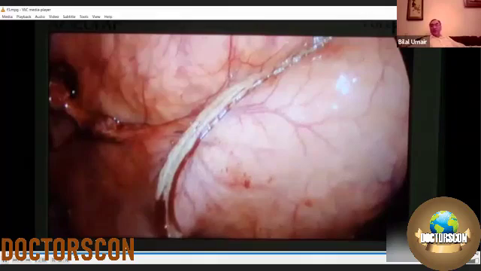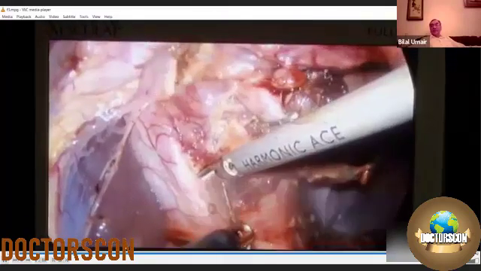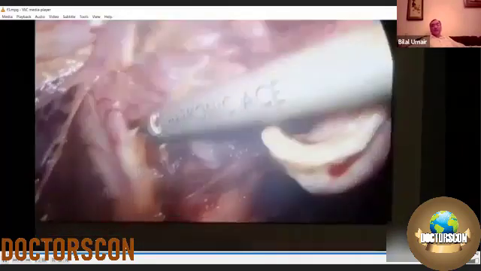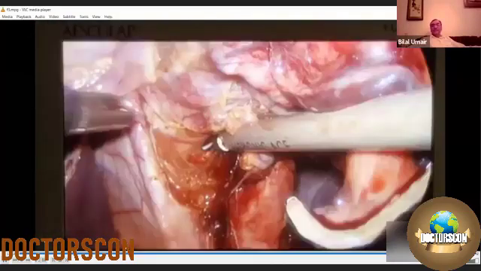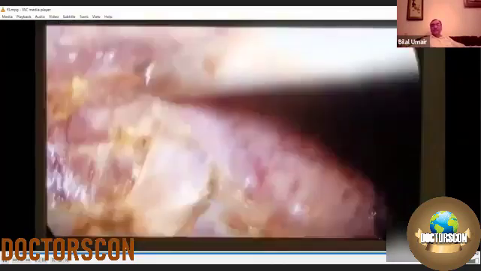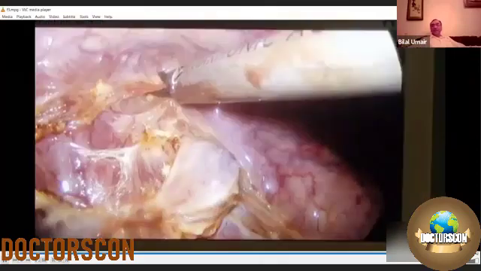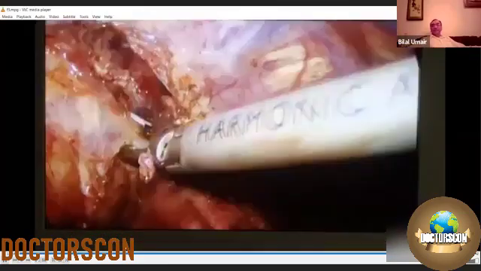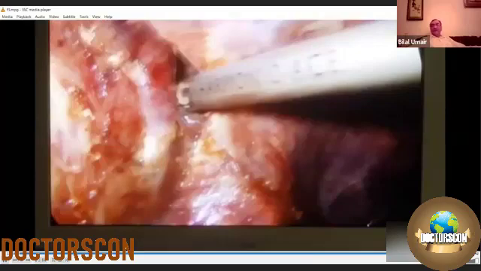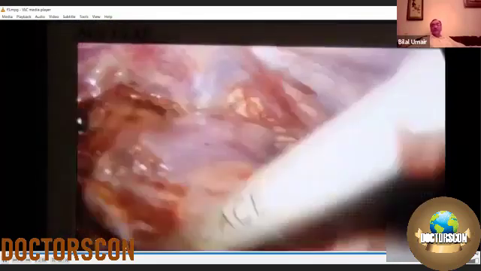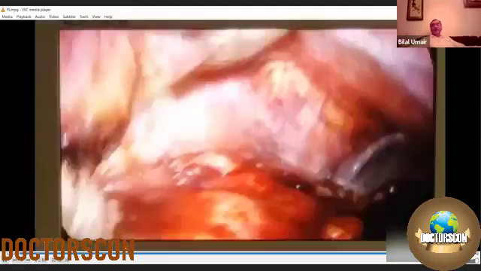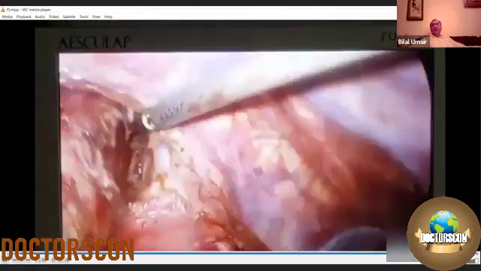Then I go into the hiatus part. So this is the right crus. Dividing the adhesions to the tumor. So this is now the free tumor, the small bit left here, and the left pleural cavity can be seen.